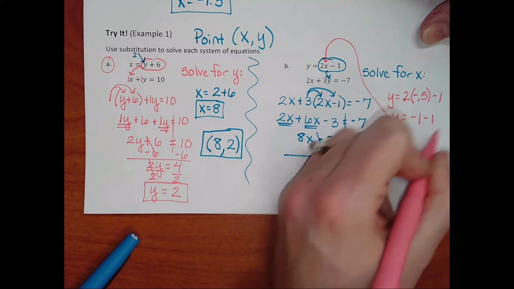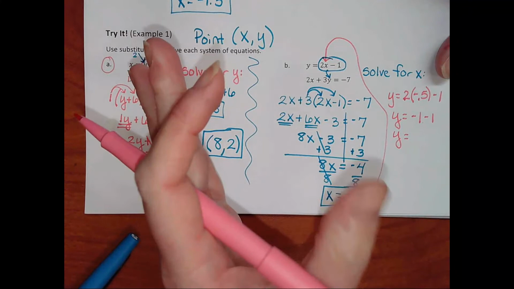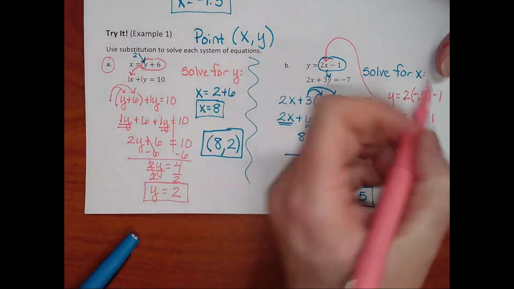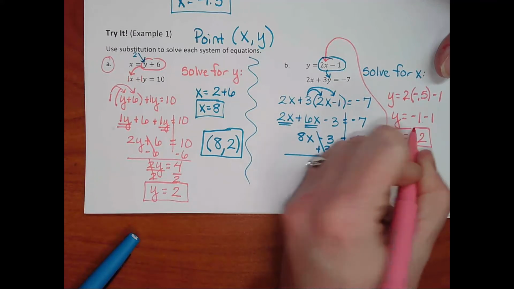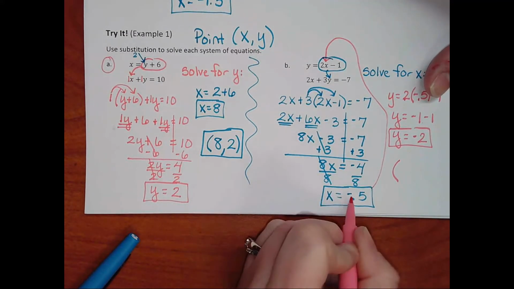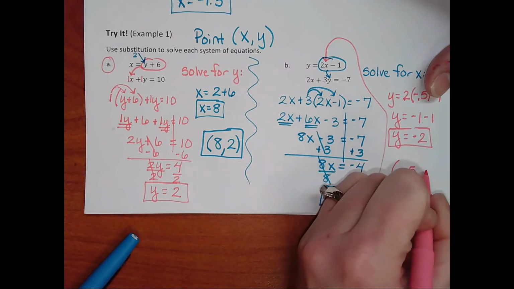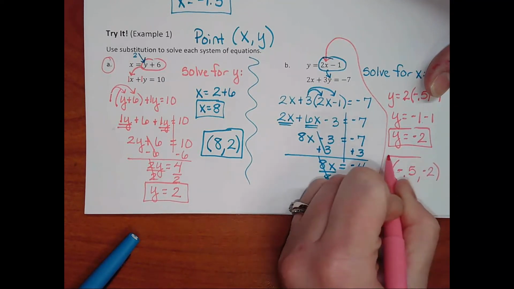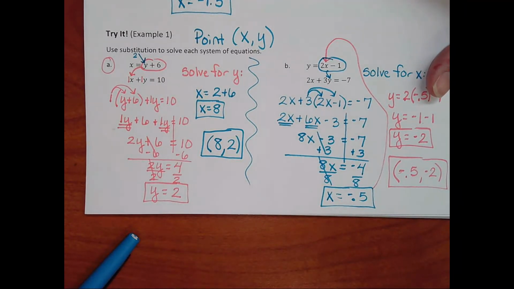Negative 1 minus 1, if you know your mental math really well, use it. If not, grab a calculator. This is not 0, it's negative 2. So then when you go to write your answer, you do x, comma, y. The only additional thing is now you're plugging that value back in. So just be careful with that.